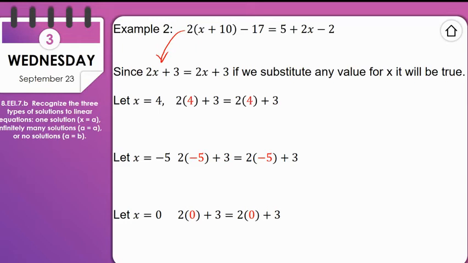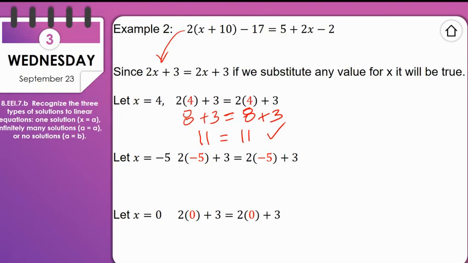If I let x equal 4, 2 times 4 becomes 8, where I've substituted the 4 for x. Plus 3 is equal to 4 times 2 is 8 plus 3. 8 plus 3 is 11. 11 equals 11. That is true.